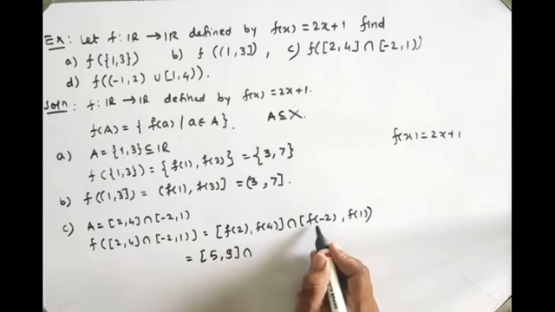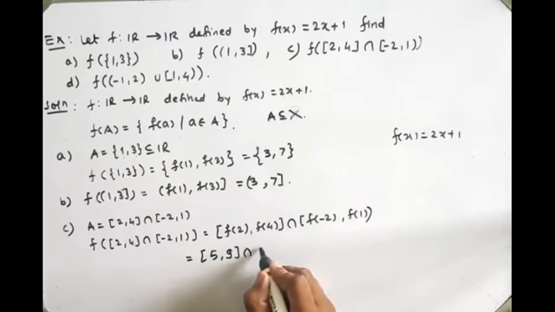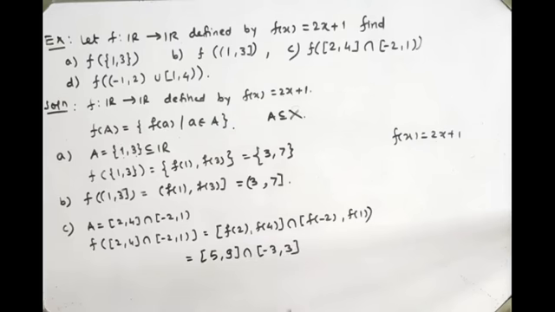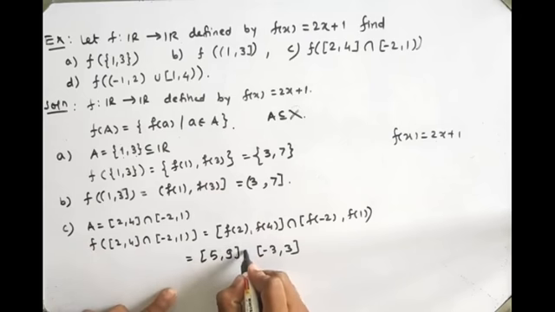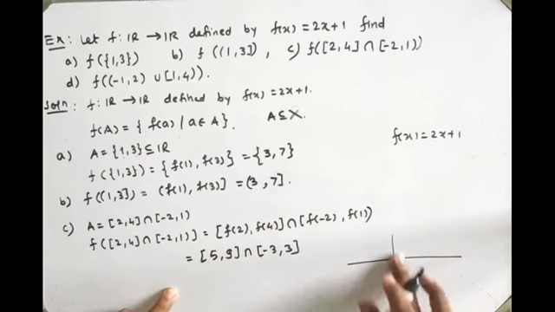Intersection f of -2: if I replace x by -2, then -4 plus 1 is -3, and f of 1 will be 3. So here an intersection is given. Intersection means the common points between these two sets. Here I have the real line.